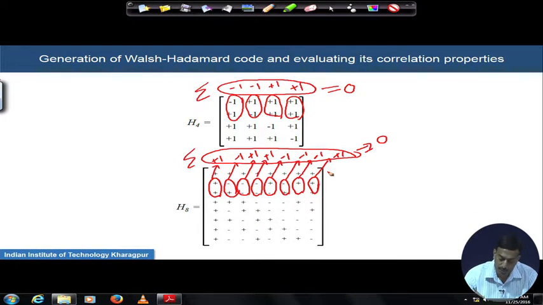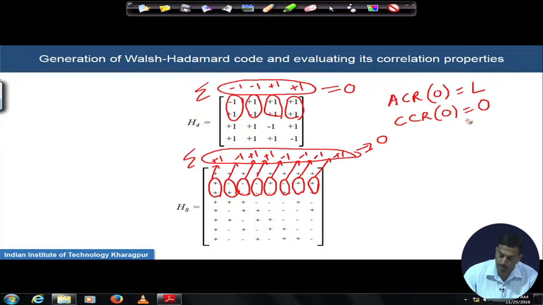So we see two important things that we need to establish over here. One is that autocorrelation at lag 0 is equal to the length of the code. This was discussed first, and the cross correlation at lag 0 turns out to be equal to 0.